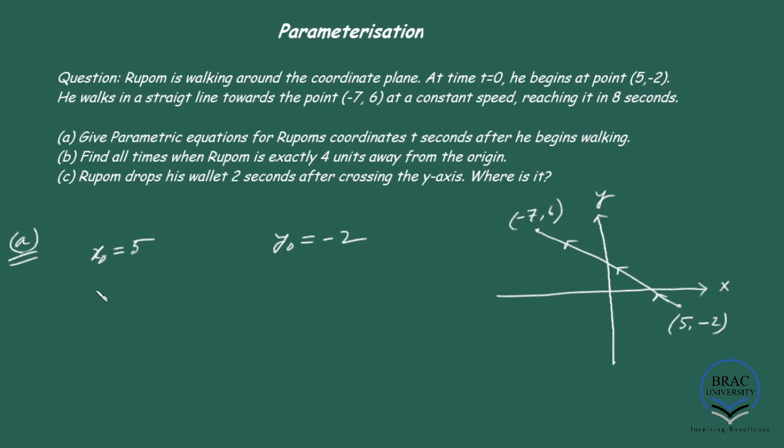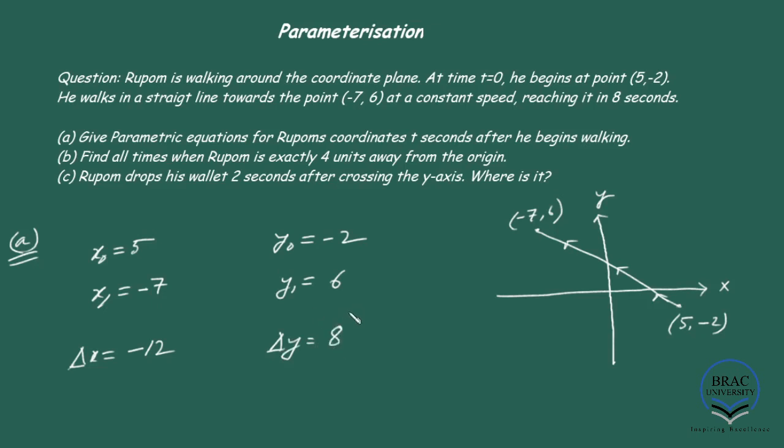The ending point for Rupam is x1 equals -7 and y1 equals 6. Now, what is the difference between the x coordinates? The difference from the starting to the ending point on the x coordinate is -12. Del x is -12, and del y is then going to be 8.